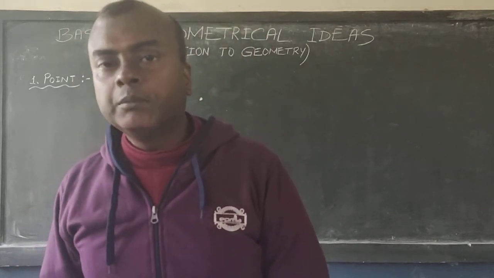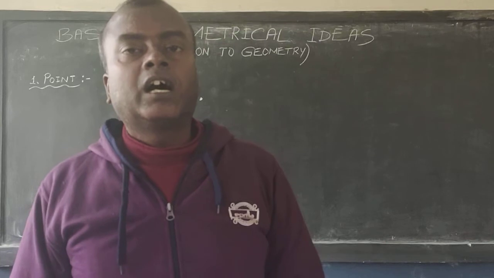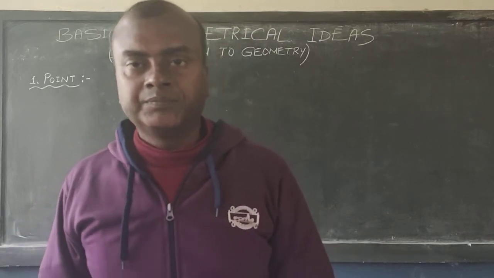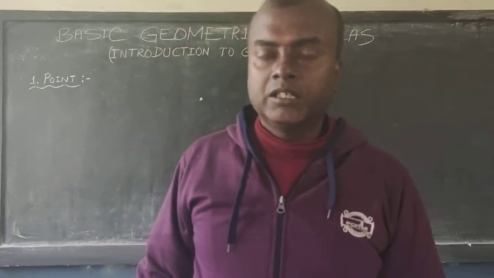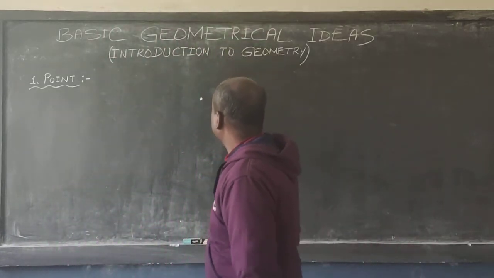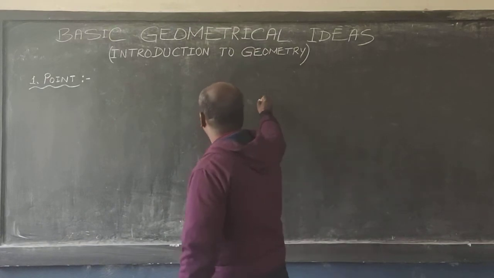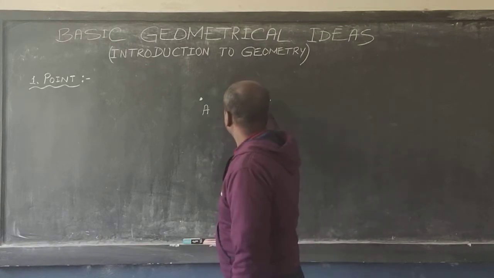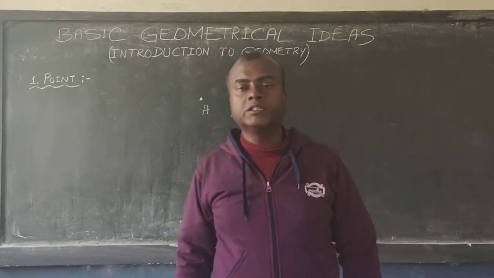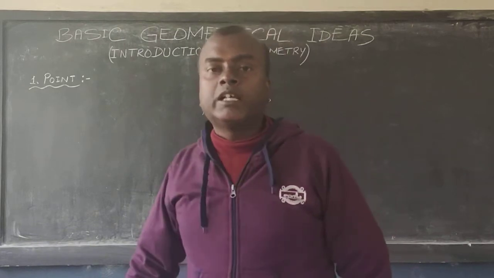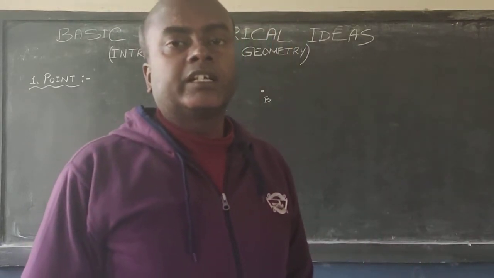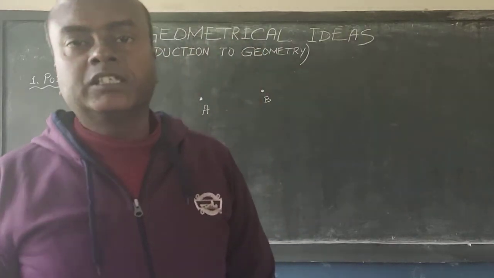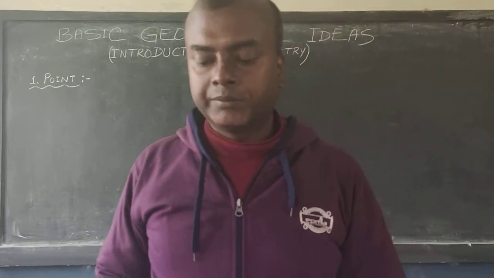The names that you can give to these points are any capital letters of the English alphabet. Suppose this point I give the name A, and then I draw another point B. So these 2 points are 2 exact locations on the blackboard. Many locations can be pointed anywhere in space, and that particular location can be named by drawing a point.